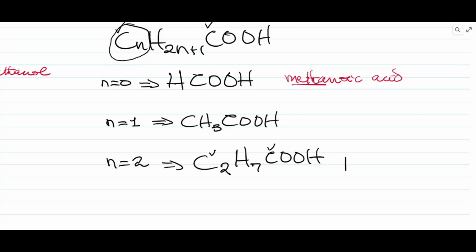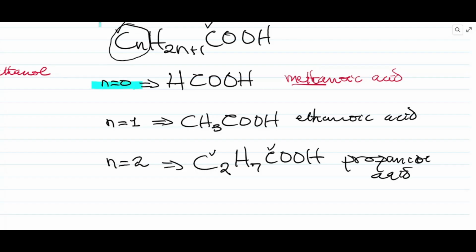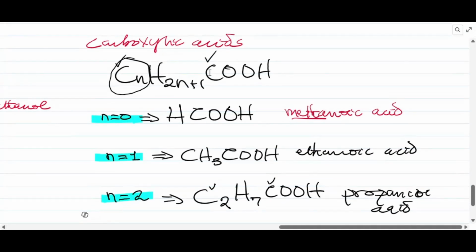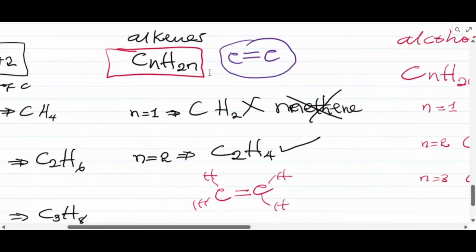That is going to be propanoic acid. So we have methanoic acid, ethanoic acid as the second family member, and then propanoic acid as the third family member. Remember, n equals 0 for the first family member, n equals 1 for the second, and n equals 2 for the third family member of the carboxylic acid.